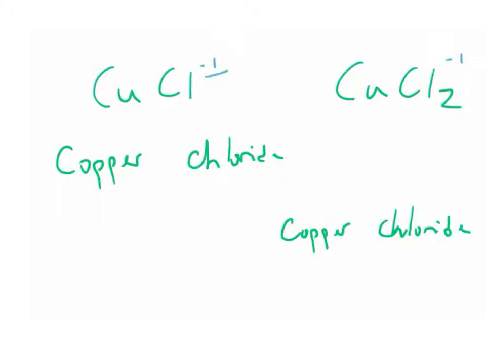So if this is a -1, that must mean that this copper on the left must be +1. We put Roman numeral 1. Copper on the right must have a +2 charge because you've got two -1 charges for the chlorine, so there must be one +2 charge for the copper. This is another example of a transition metal that could potentially have more than one charge.